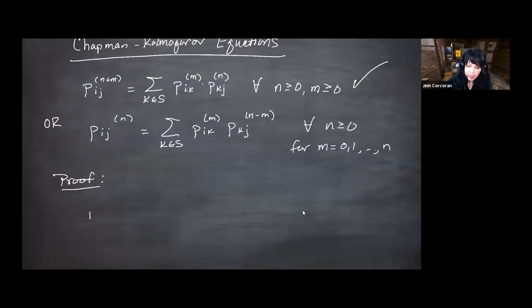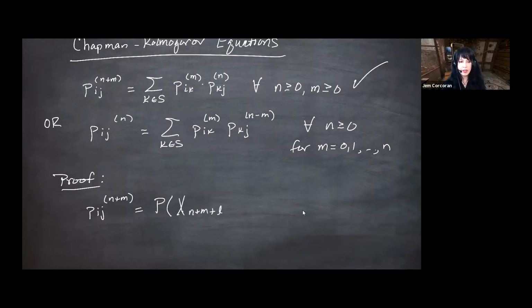So little P_ij super n plus m. This is equal to, you don't have to write any of this, but I definitely wouldn't be writing this first part, but I just want to stress it right now. And that is that it's a transition in any m plus n steps.